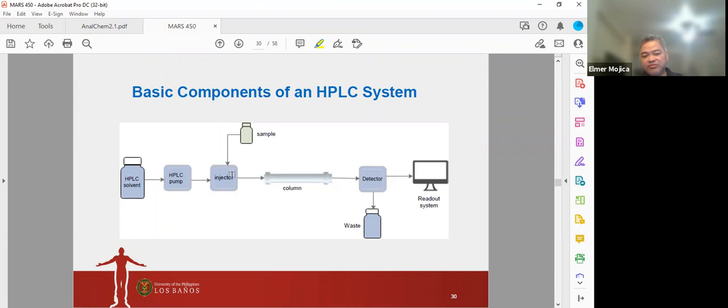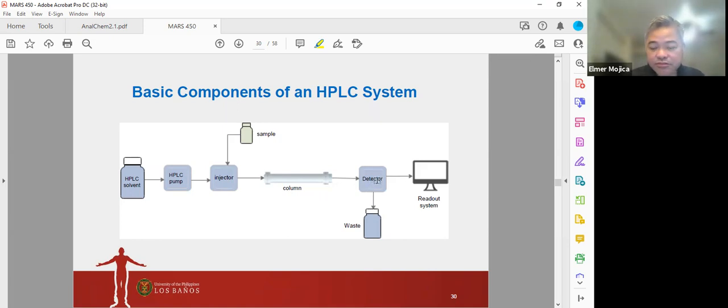Once you inject the sample into the injector, both the sample and the solvent will pass through the column where separation takes place. Now, the separation is monitored by the detector. Depending on whether you have a destructive or non-destructive detector, it will go to the waste. When you say destructive, your sample is destroyed, so you cannot recover it. When it is non-destructive, your sample can be recovered and used.